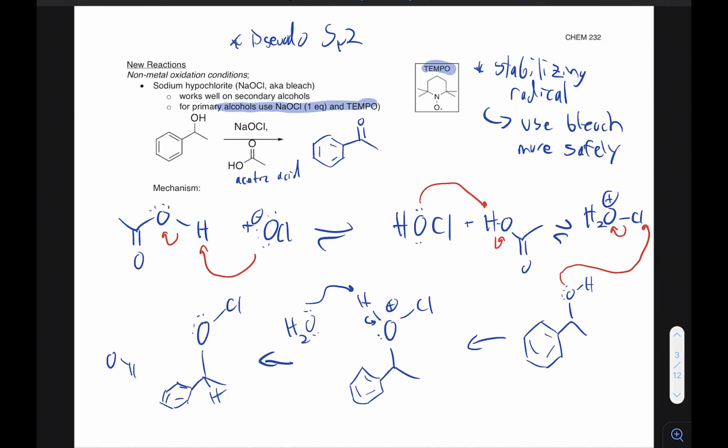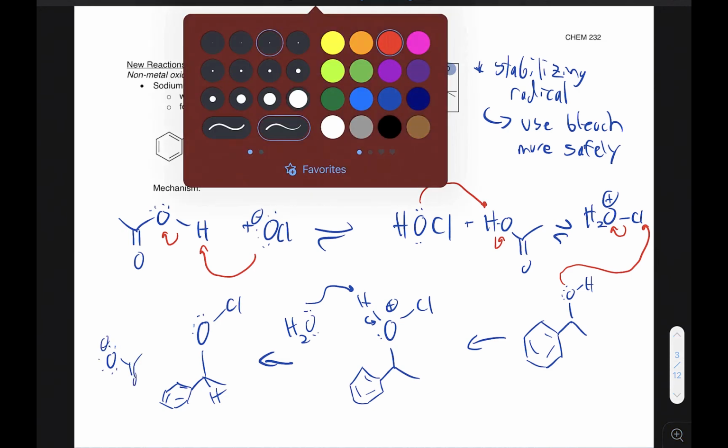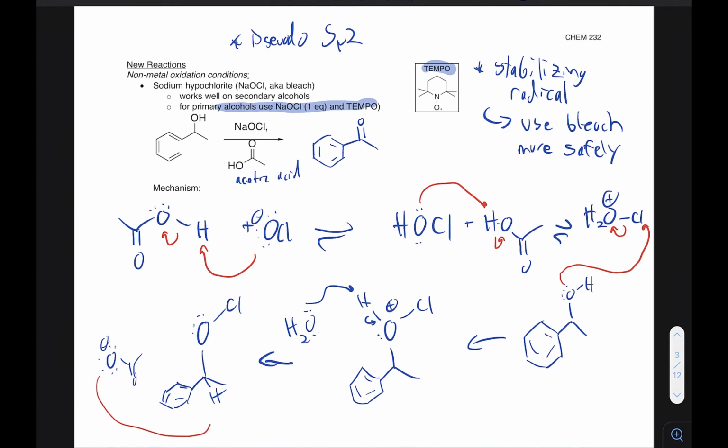We can use this deprotonated acetic acid that we have hanging around, and this will come in, grab that hydrogen, push those electrons up. Right now, that's what's making the double bond between the oxygen and that carbon, and chlorine leaves. And this generates our ketone. Okay, kind of a long, weird mechanism, but hopefully this all makes sense based on what we know, doing these SN2-like reactions.